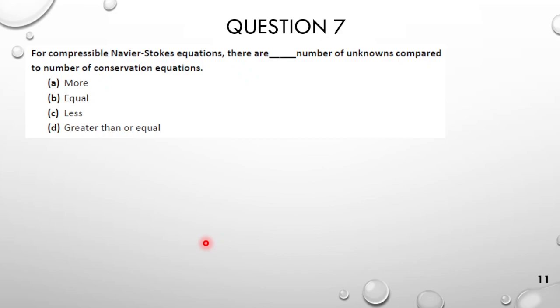So okay, let us do this step by step. What are the unknowns? Can you write in the chat box? What are the unknowns in a compressible Navier-Stokes equation? What are the variables which are unknown?